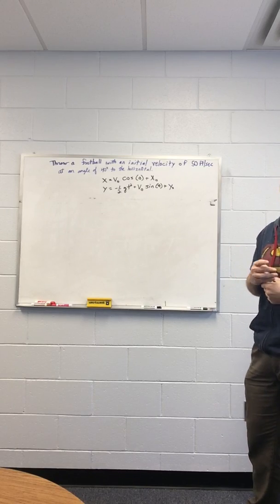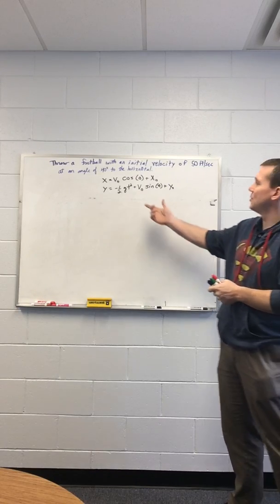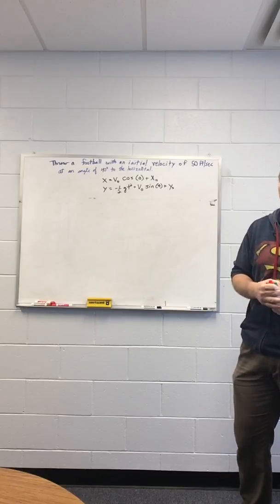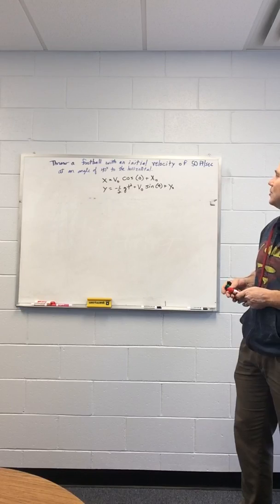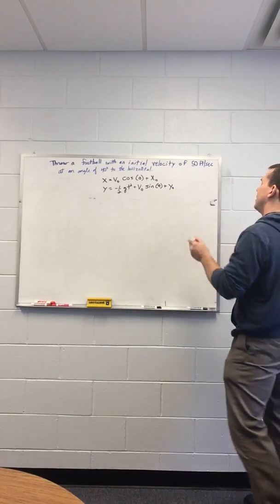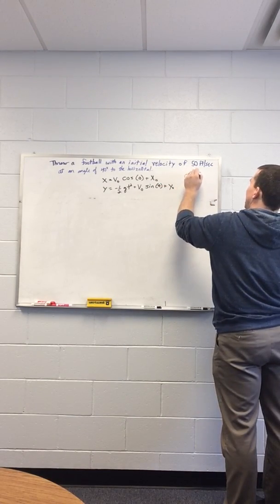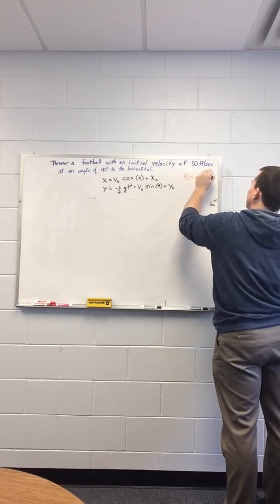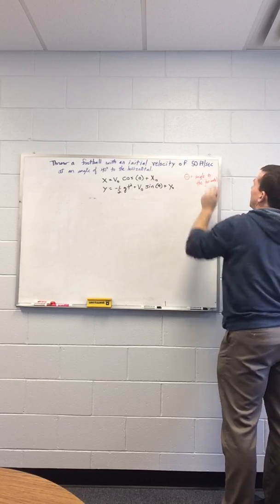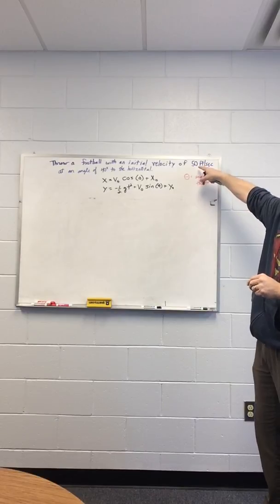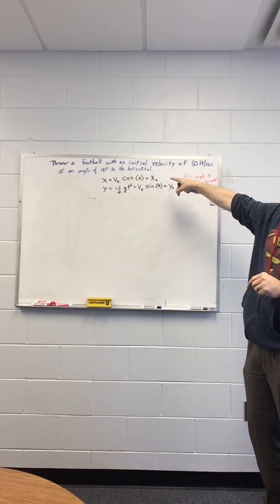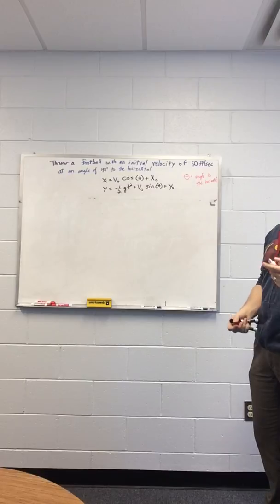Those are my standard equations. They should look similar to the regular projectile motion equation that you're used to. Now we need to figure out where everything goes. Theta equals your angle to the horizontal. V sub 0 is your initial velocity. X sub 0 is your initial distance horizontally.